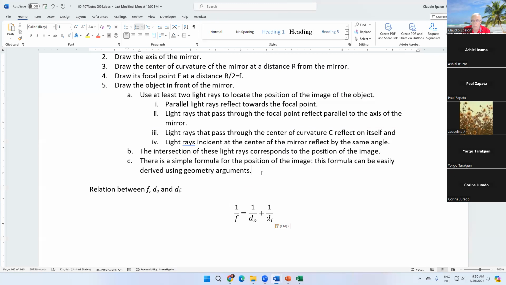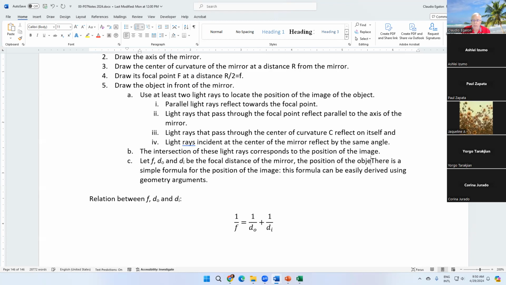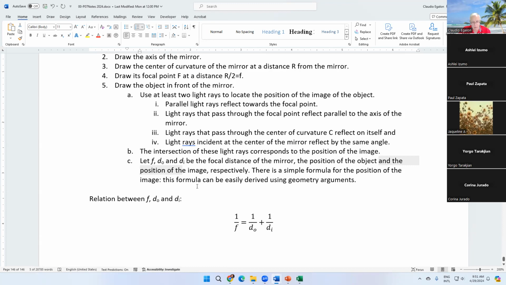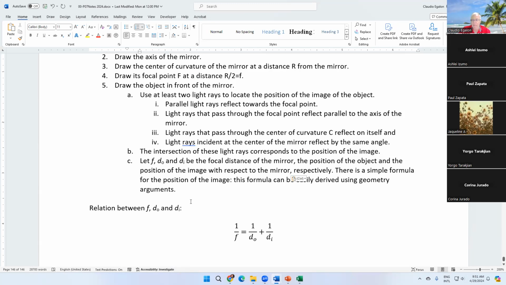For the position di, let f, d naught and di be the focal distance of the mirror, the position of the object with respect to the mirror, and the position of the image with respect to the mirror, respectively.